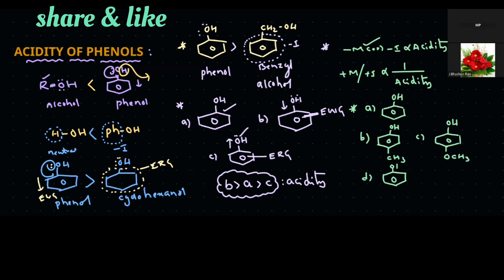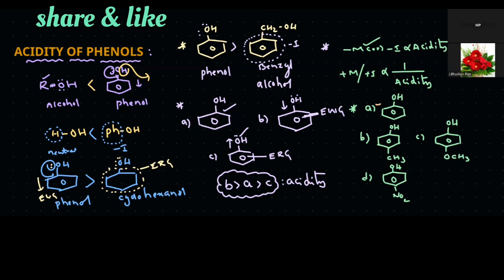Now, in these four given compounds, which one is the more acidic compound? How do we identify the acidity of the given phenols? In the first case A, there is no group attached to the phenol. But in the second case B, one CH3 group is attached to the para position.